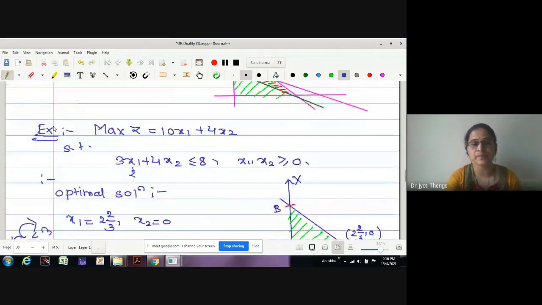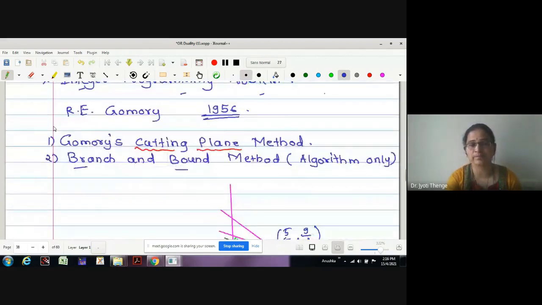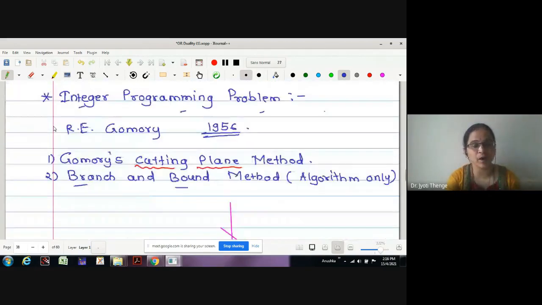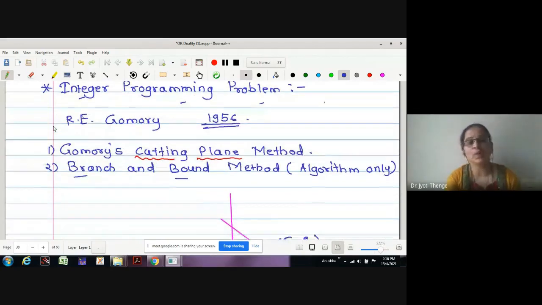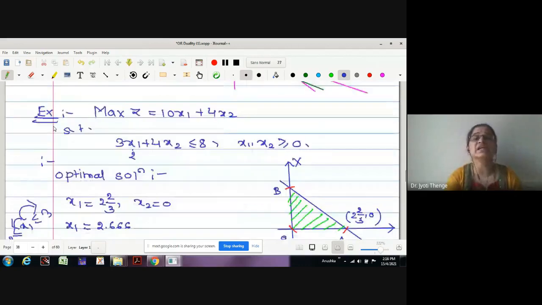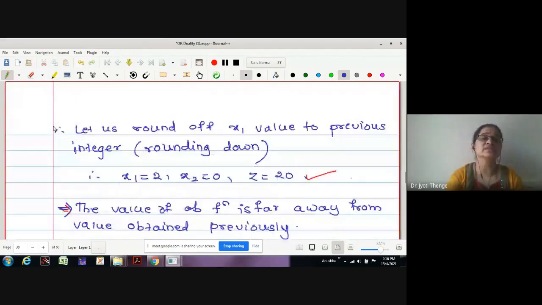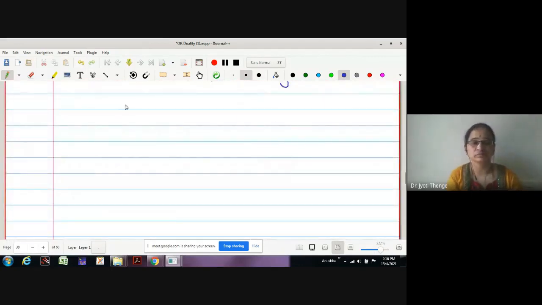Integer programming problem: a linear programming problem in which the decision variables should be integer valued. Now, whenever it is integer valued, there are two cases. In practical situations, it is not essential that every decision variable should be of integer value.